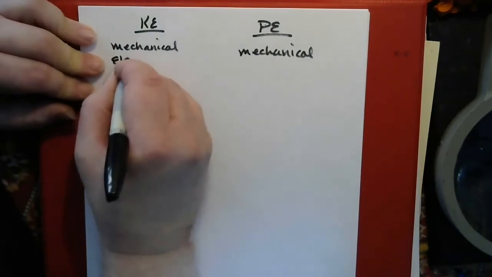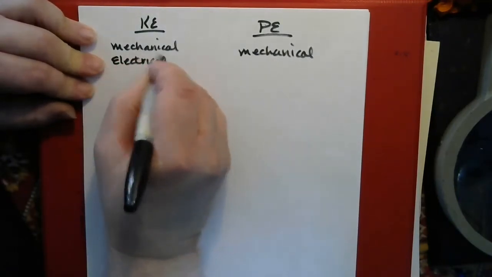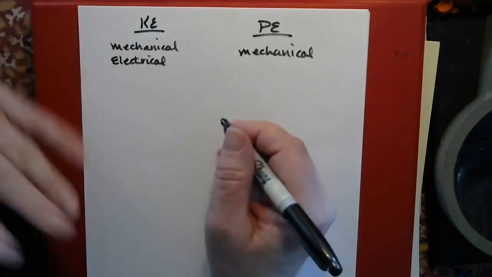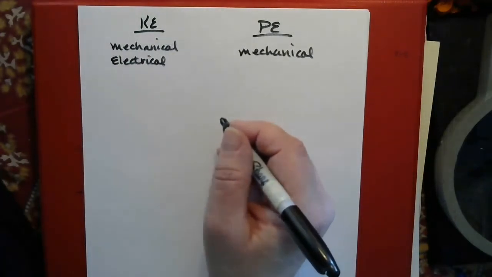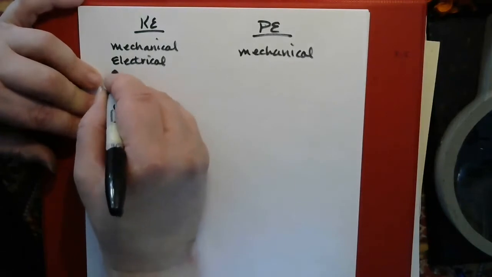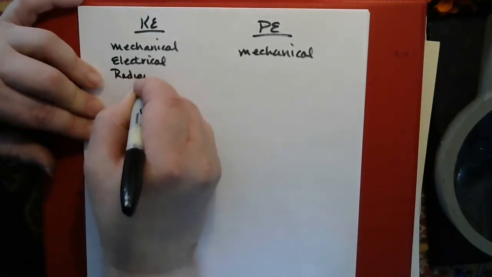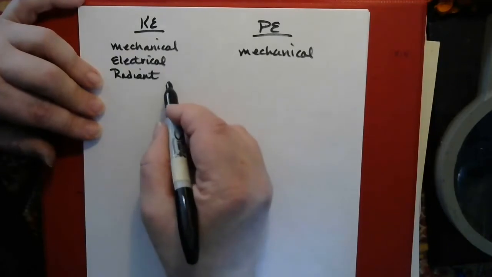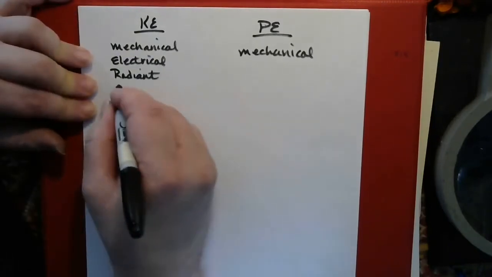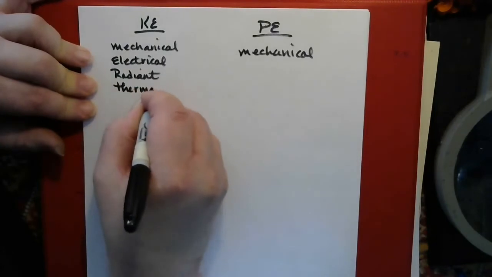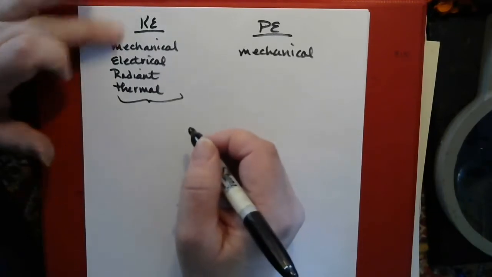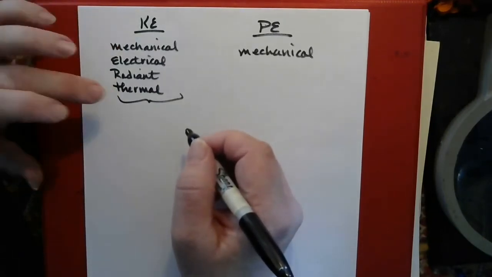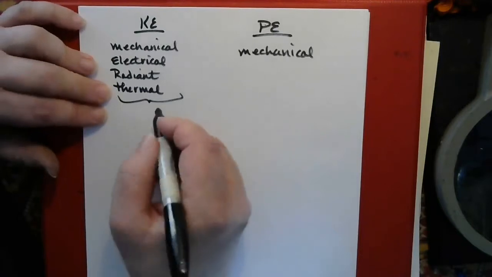Electrical energy is kinetic energy because it has to do with electrons moving through a wire. Radiant energy is also kinetic energy because it has to do with movement of electromagnetic waves from one place to another. And thermal energy also is kinetic energy because it has to do with vibration of molecules or atoms.